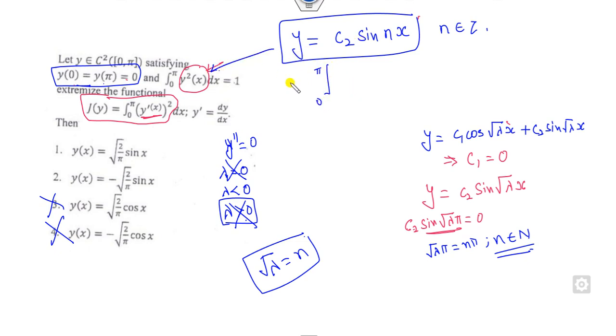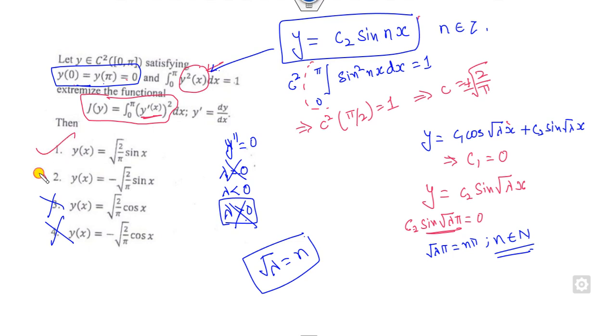So integral from 0 to pi, c square is a constant, sine square nx dx is 1. We all know the integration of this part. This is nothing but pi by 2. This is 1. So what is the answer for c? It is plus minus root of 2 over pi. So it means the first and the second are both correct options. So always remember this is the solution of this problem.